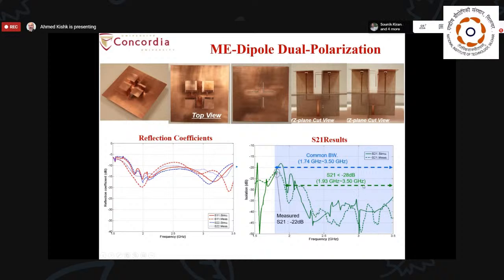And the isolation, which is S21 between the two ports exciting the two polarizations, is very wide band, and the isolation is better than 35 dB. This is a very good isolation level required for communication, and for an extremely wide band, with bandwidths better than 50%.